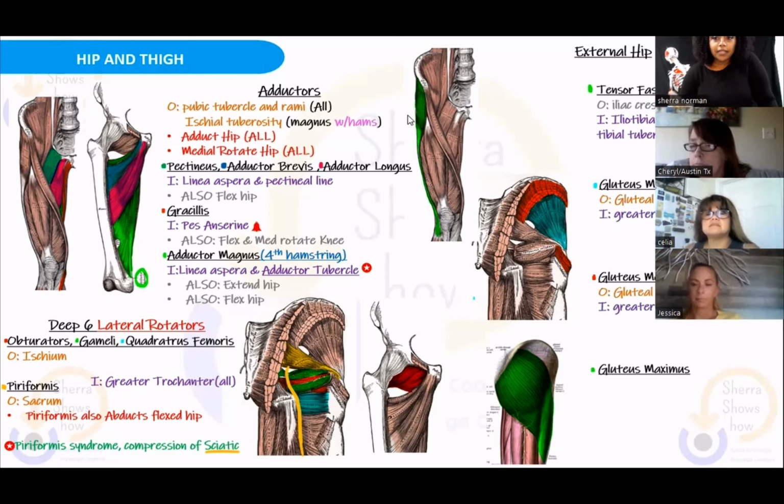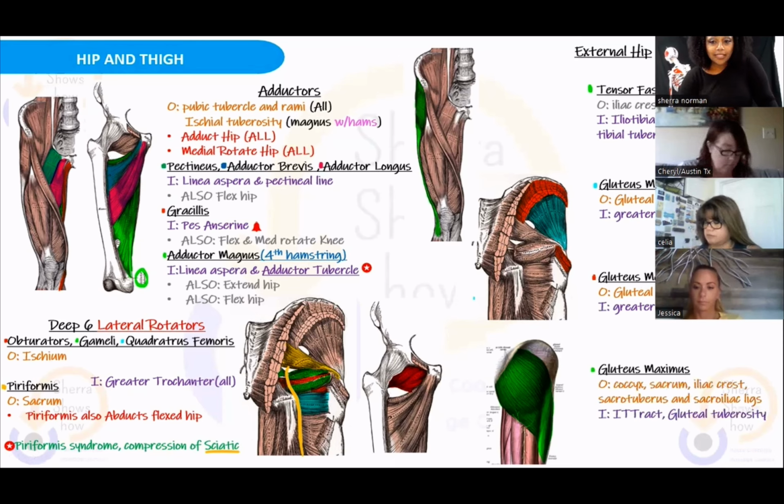And gluteus minimus and gluteus medius both originate on the gluteal surface, basically just the outside of the hip, okay? And these two insert on the greater trochanter. The minimus and medius both insert on the greater trochanter. That was a test point, that the medius inserts on the greater trochanter, okay?